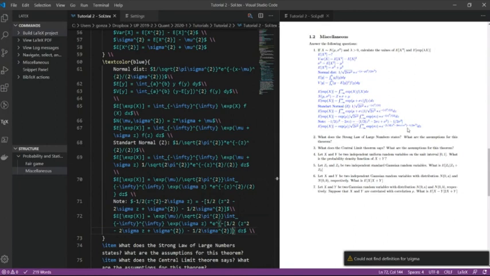Okay, and then look, now I have another term that doesn't depend on z. So I can take out that term.